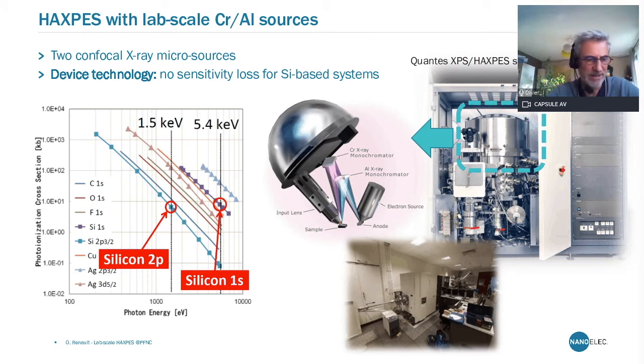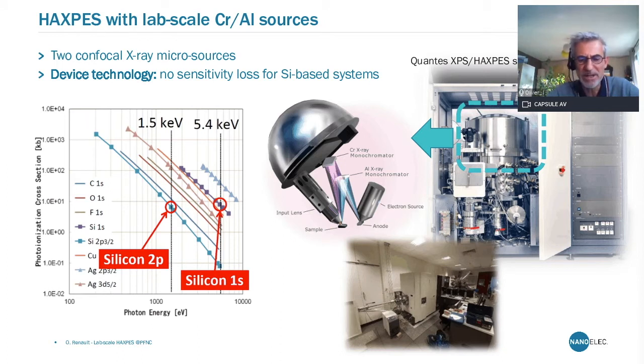It does not have the look of a research instrument, but it is very, very efficient. The key thing of the hard X-ray irradiation technology is that regarding silicon-based systems, we are not losing any sensitivity.